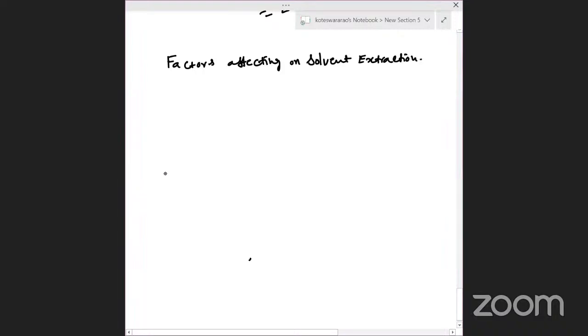Then what are the factors? We have so many factors which are affecting an effective solvent extraction. Some of them: the first one, choice of solvent.